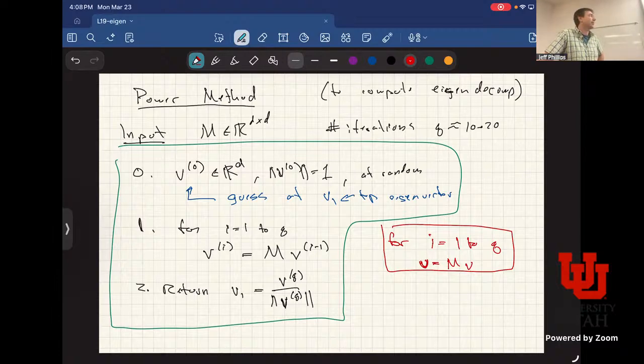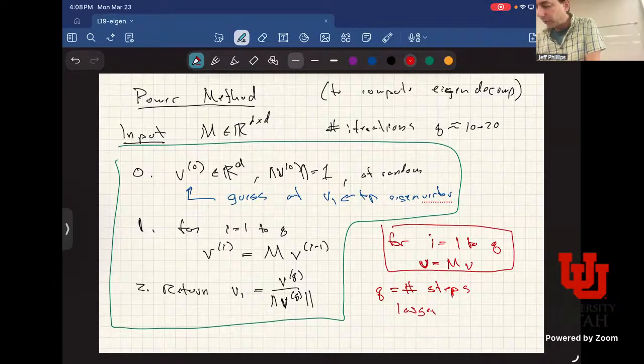And how many steps do I need? Q, the number of steps, is larger if lambda 1 divided by lambda 2 is small.